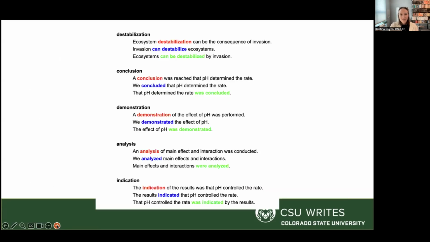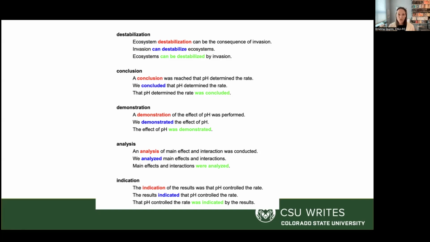So you know how to create new words. But all of these here in black, destabilization, conclusion, demonstration, analysis, or even indication, are nominalizations. They take something that is a verb, which describes an action, destabilize, conclude, demonstrate, analyze, or indicate, and they put an ending on it, and it makes it into a noun.